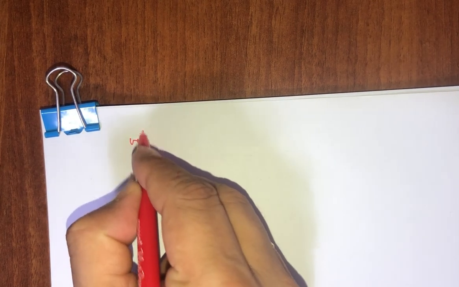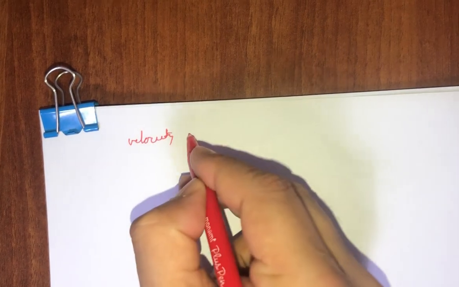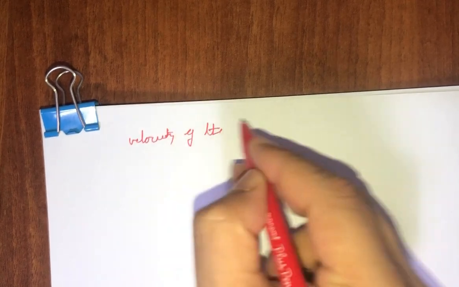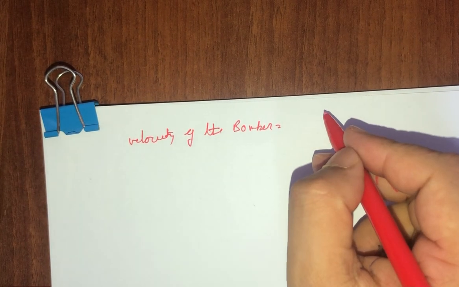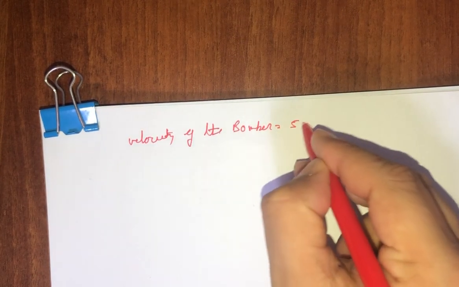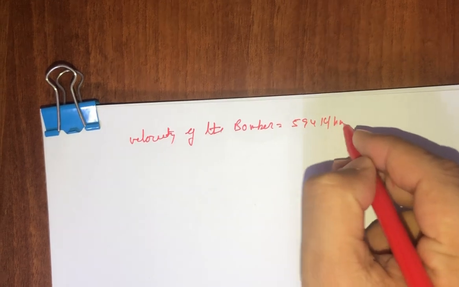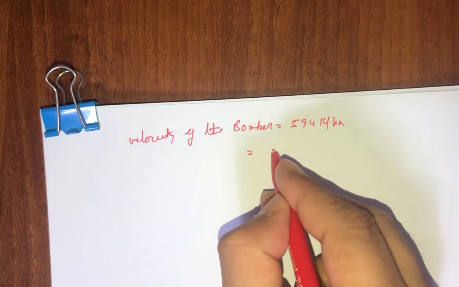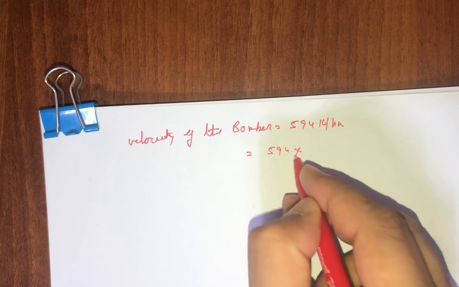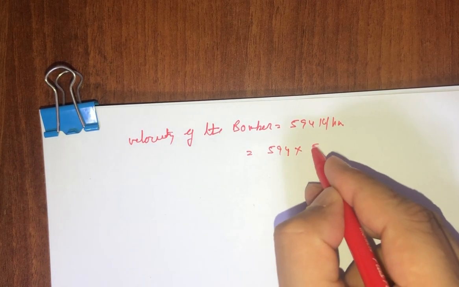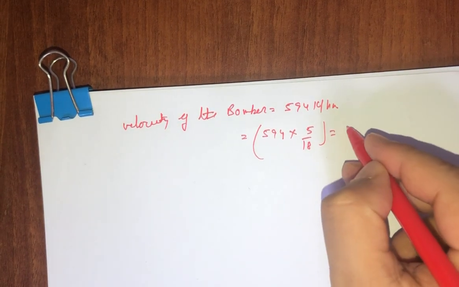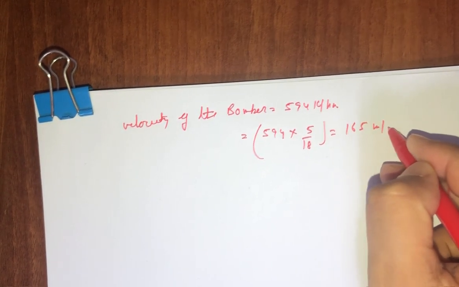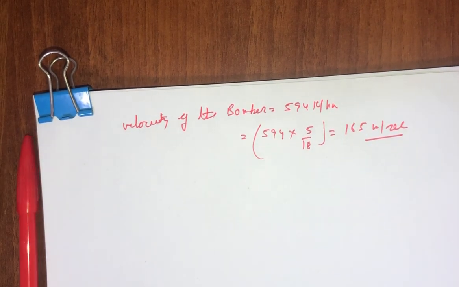Velocity of the bomber is given as 594 km per hour. So we can write this as 594 into 5/18, and this will be coming as 165 meter per second.